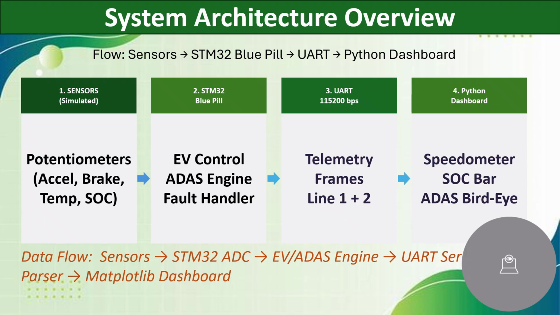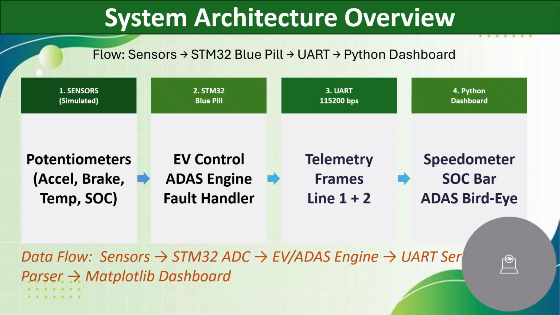We combine all these things, and at the last, in the Python dashboard we implemented the speedometer, SOC bar, and ADAS bird's eye view and everything. So this is the flow of our system architecture overview of the project.